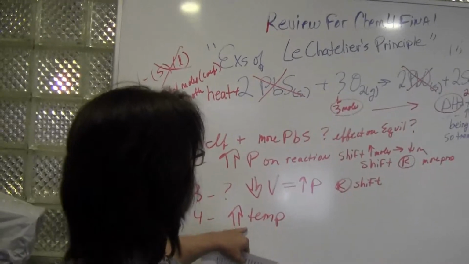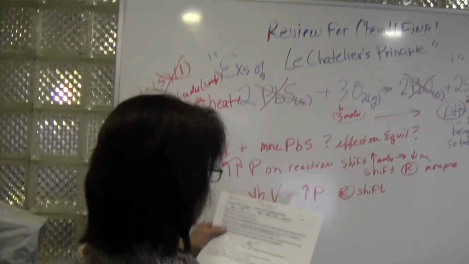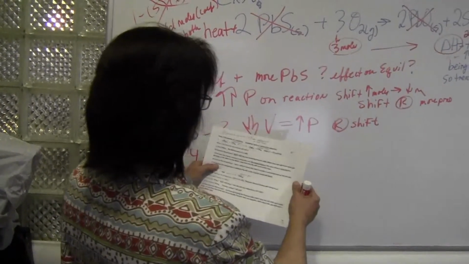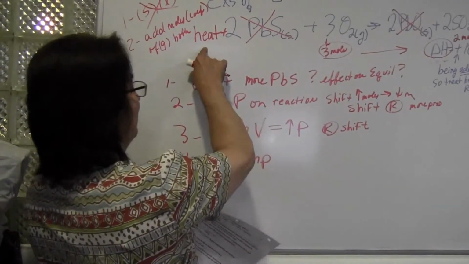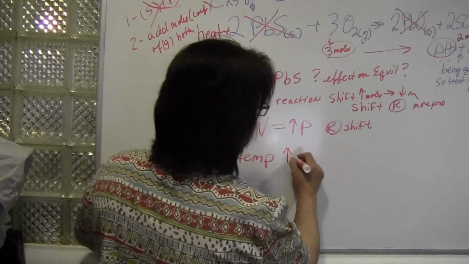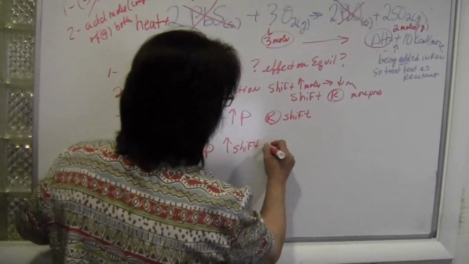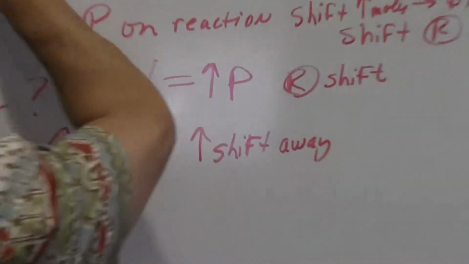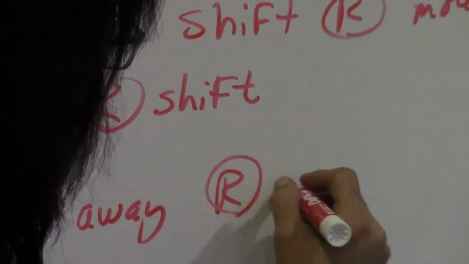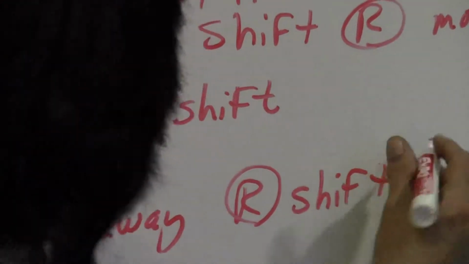If I increase the temperature, then it's a reactant. So to increase the temperature is adding to the left. So if you increase, you're going to shift away from the increased side. So that means we're shifting again to the right. A right shift. Okay, let's try another example.